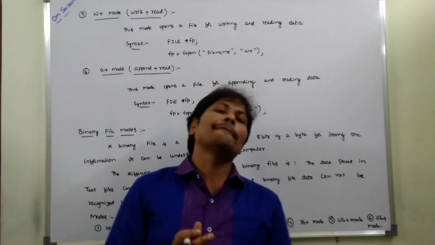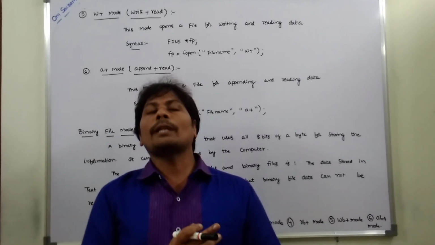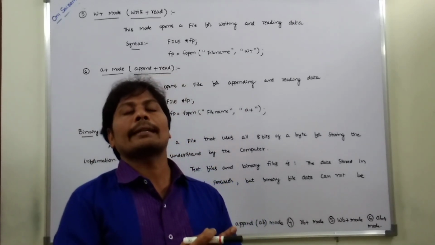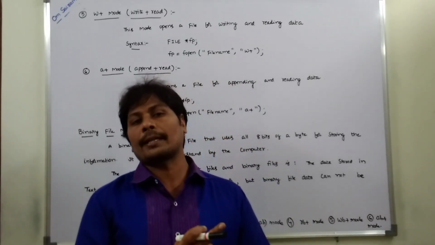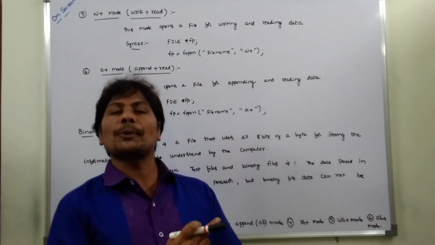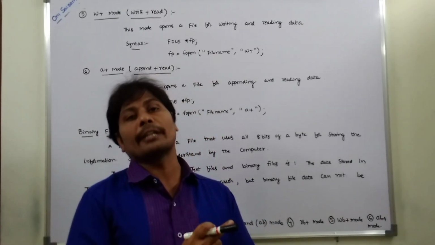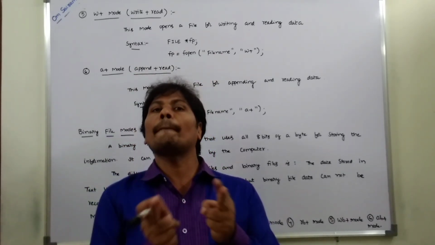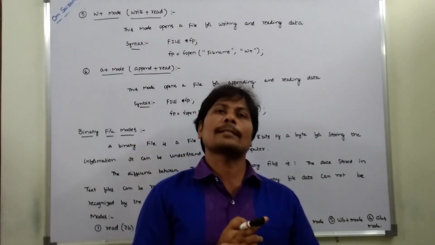So what is the difference between text files and binary files? The information stored in text files can be recognized by using a word processor. The information stored in binary files cannot be recognized by the word processor. That is the main difference between text files and binary files.